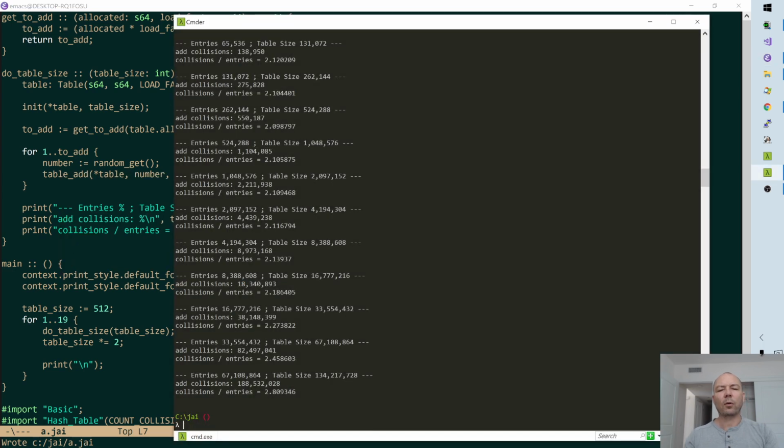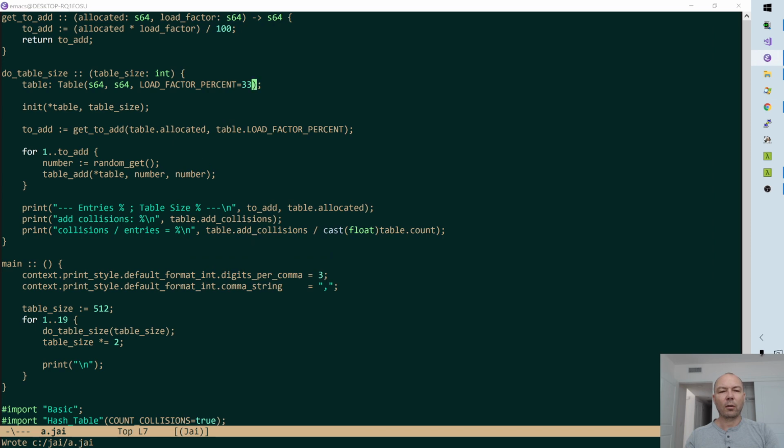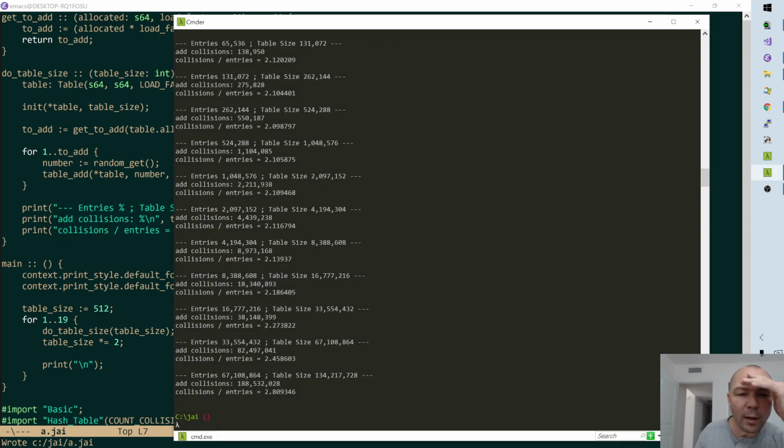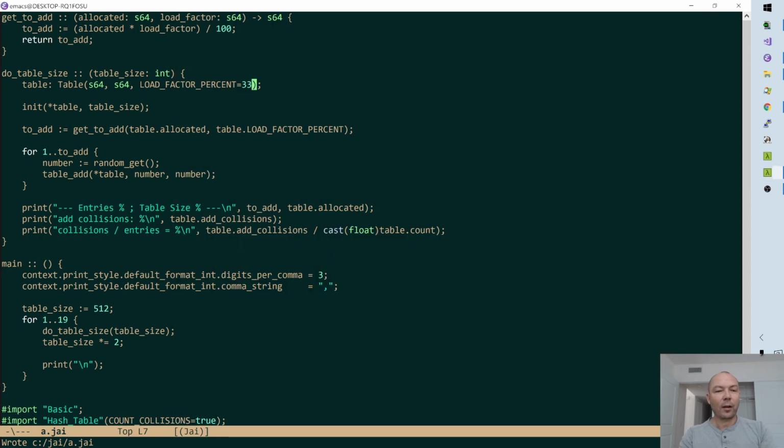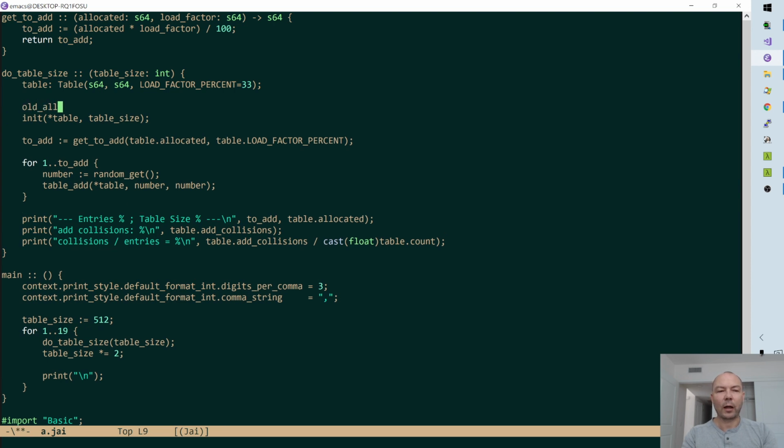Oh, guys, no. Guys, you know what it is. No, I was going to say maybe the table is resizing, but it shouldn't be. Let's assert that it's not resizing. We could somehow put an assert in the table, but instead we're going to say old allocated is table.allocated, right?